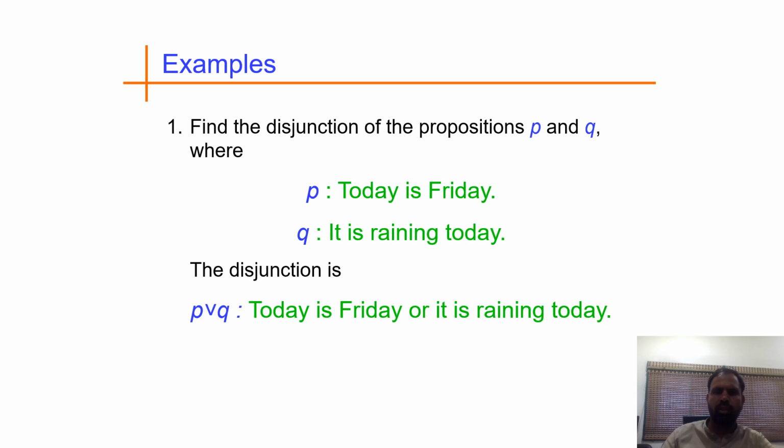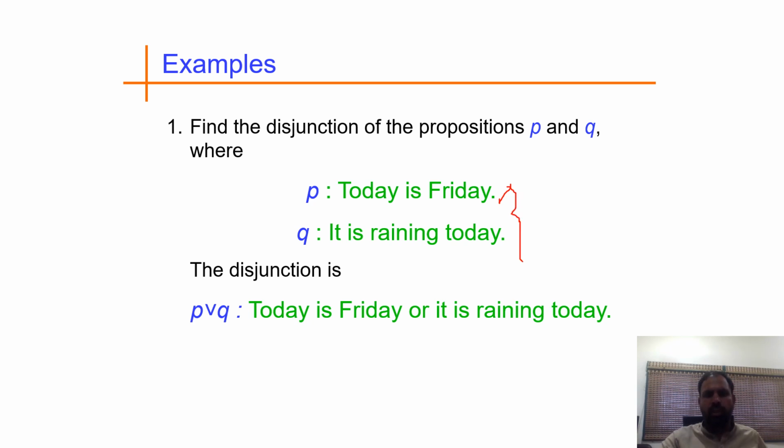Next we can see the example of disjunction. Find the disjunction of the propositions P and Q, where P is today is Friday, Q is it's raining day. Then the disjunction of P and Q is, today is Friday or it is raining day. Meaning to say it's the union. We can add these two statements.